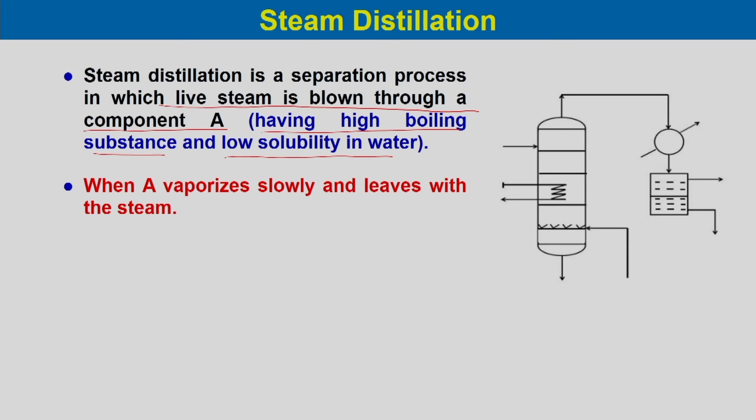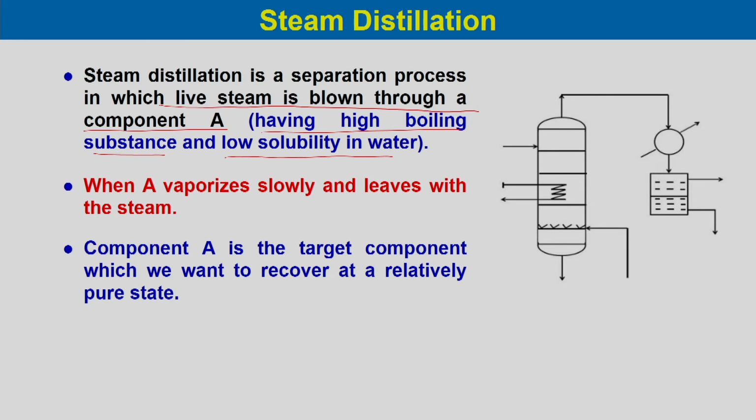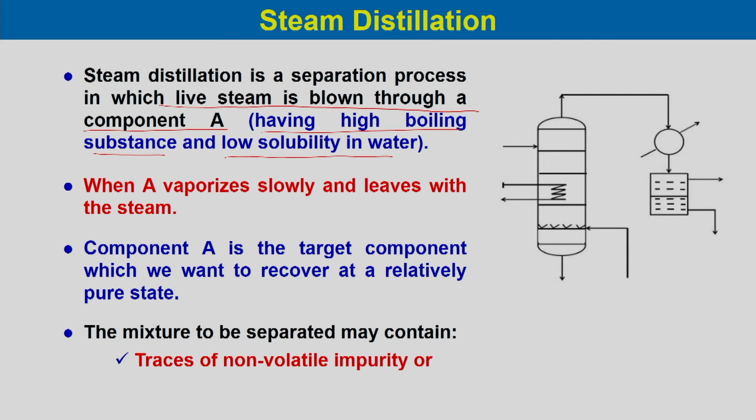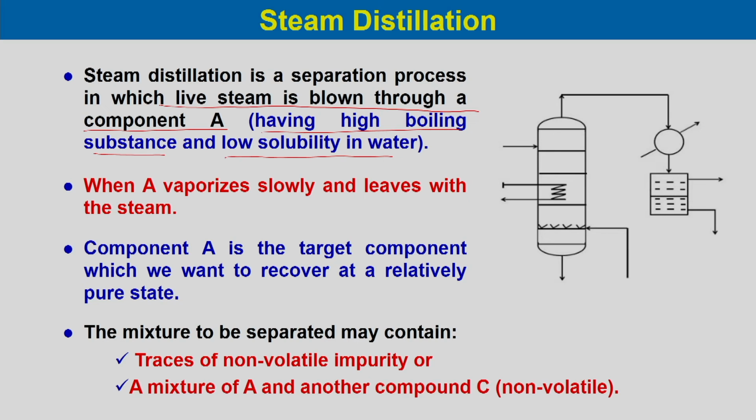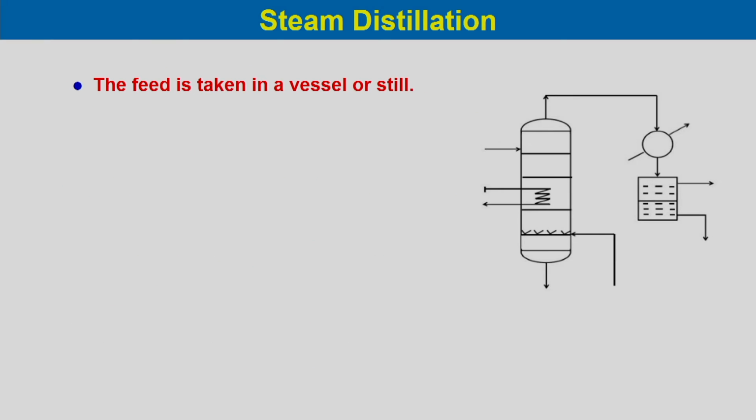When A vaporizes slowly and leaves with the steam, the component A is the target component which we want to recover in a relatively pure state. The mixture to be separated may contain traces of non-volatile impurity or a mixture of A and another compound C that is non-volatile. So, the feed is taken in a vessel or still, you can see over here.